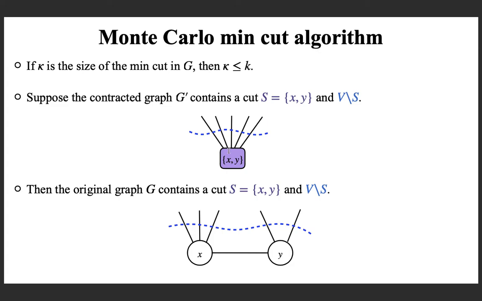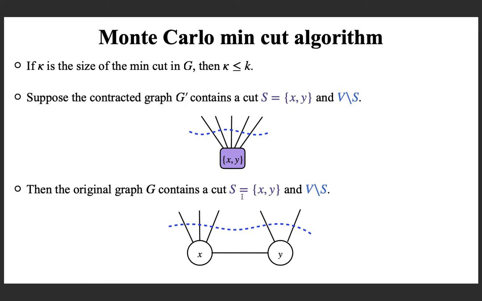That you can easily see from the definition of edge contraction, and you can see that all these edges are present in the original graph, falling on either the vertex x or the vertex y. The only edge originally in the graph that gets removed is this edge, which will become a self loop after contraction.